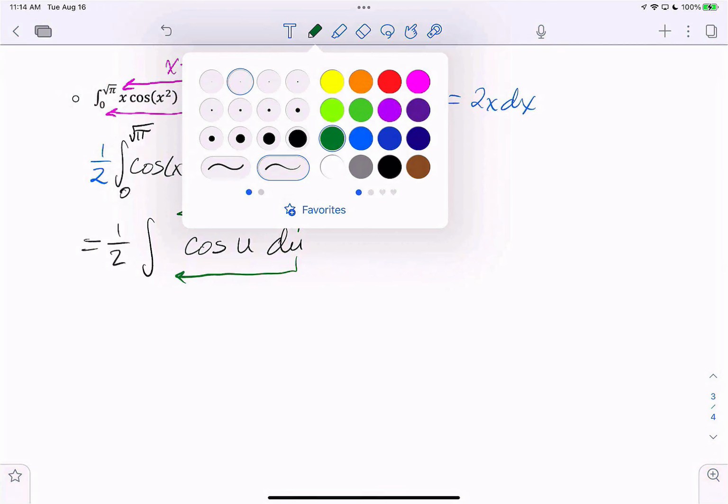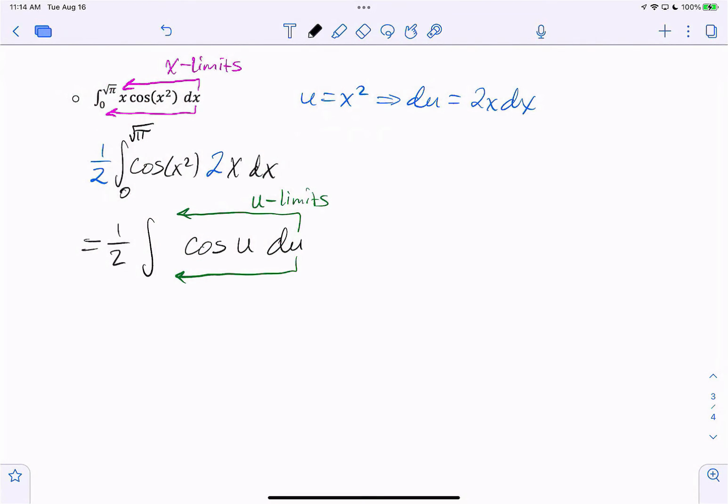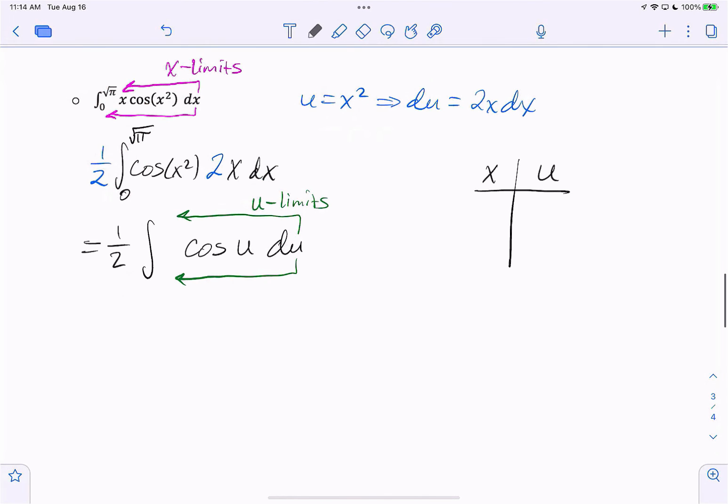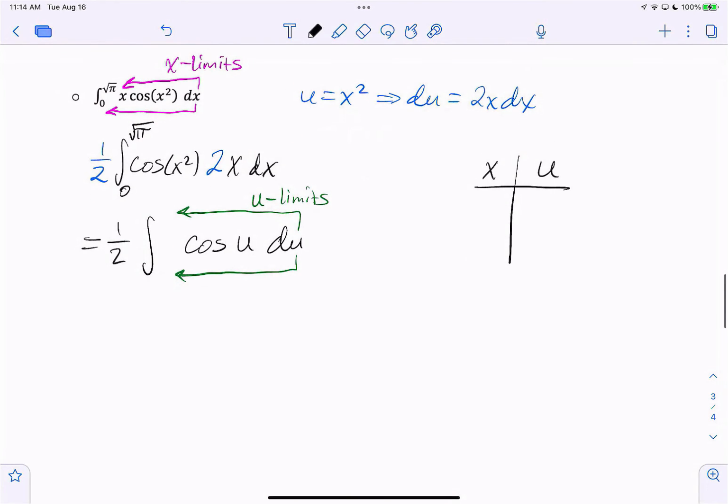I think a good visual for this is using a table. So x and u. And remember, our substitution is u is equal to x squared, so I'm going to write that in the table. The lower limit is 0. The upper limit is square root of pi.